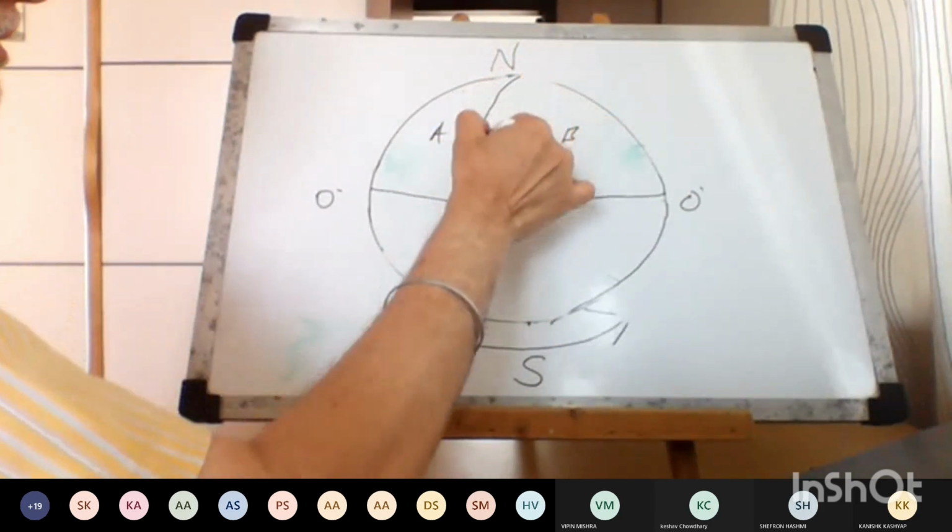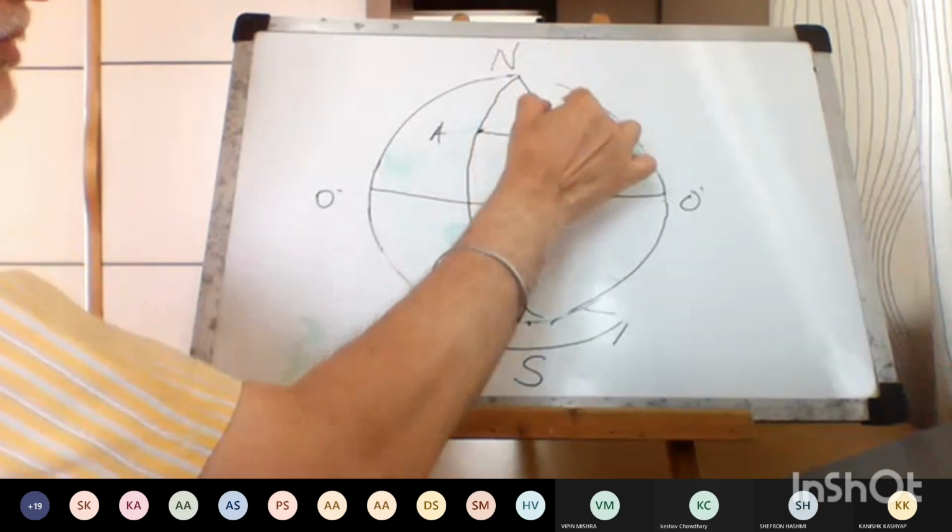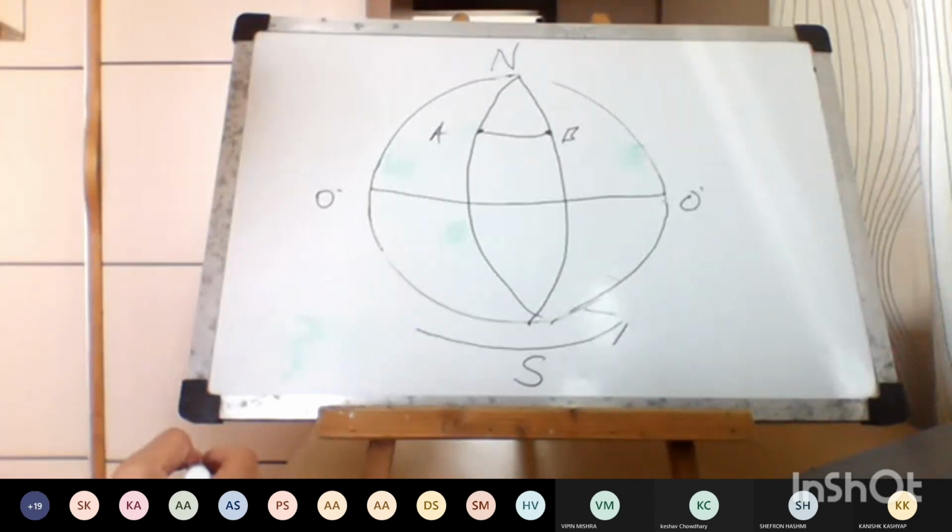There's a meridian from here, and there's a meridian from here.